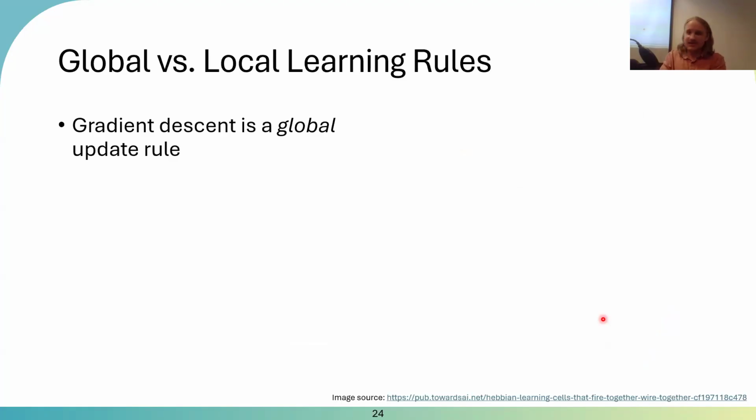Okay, I just have a couple more slides here, and I know I'm running low on time, so I'll try and go quickly. I have this slide in here specifically because I know I'm talking to a neuroscience audience, so I want to bring up some of the possible issues that can come up with gradient descent.